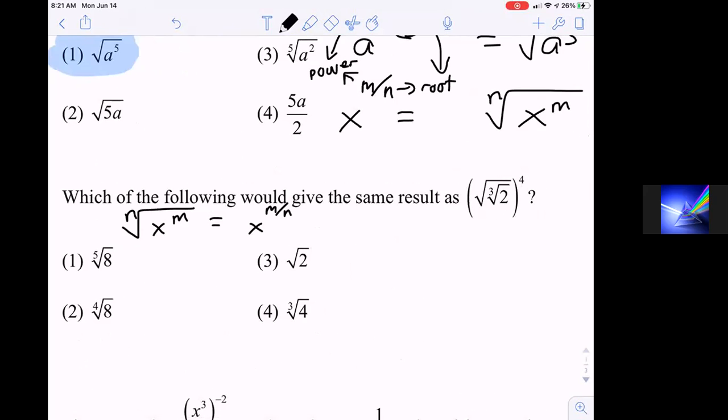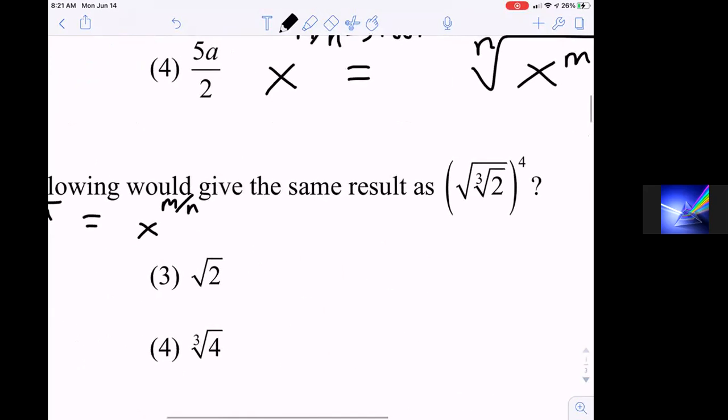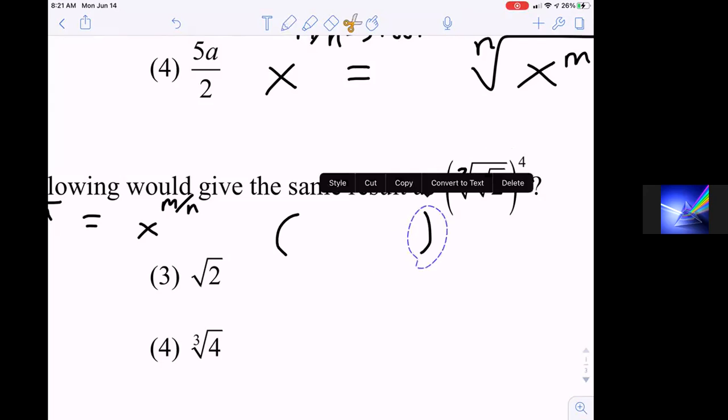So there's really 3 things going on there. Let's deal with the outside root, this one right here. Well, since I don't see a symbol, that's automatically a square root. So what I can do is first begin by raising everything to the 4th power. So let's start there.